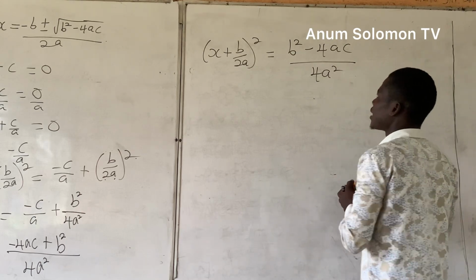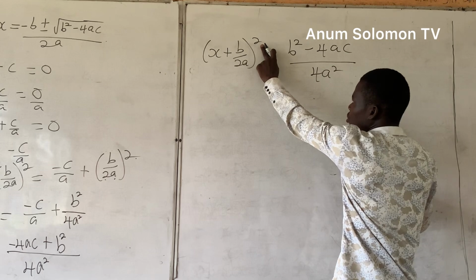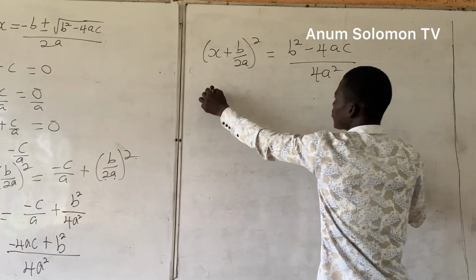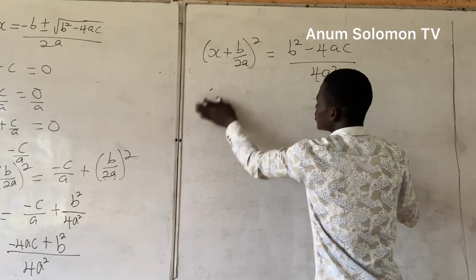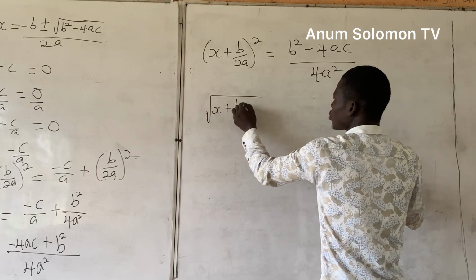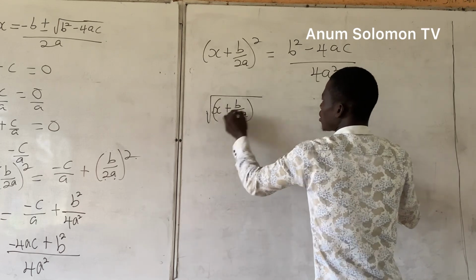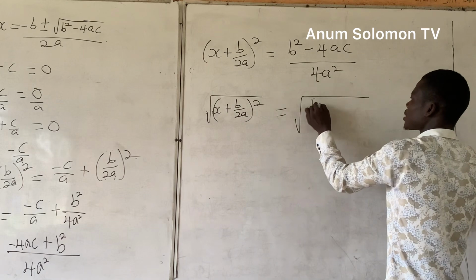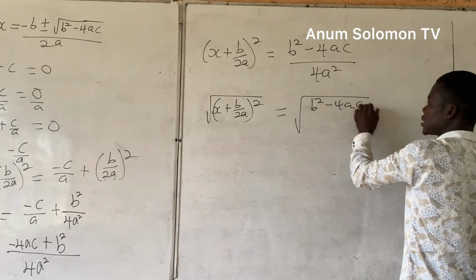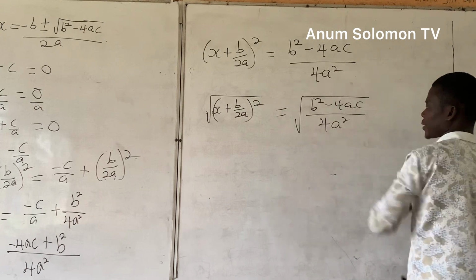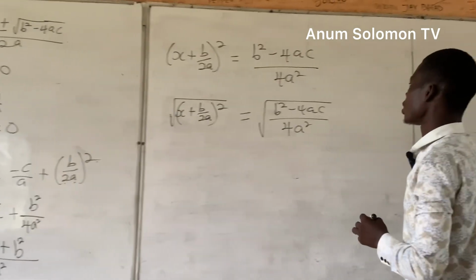Now, let's eliminate the square here so that we can solve for x, or make x the subject. By doing that, we have to take the square root on both sides. We have x plus b over 2a is equal to the root of b squared minus 4ac all over 4a squared.